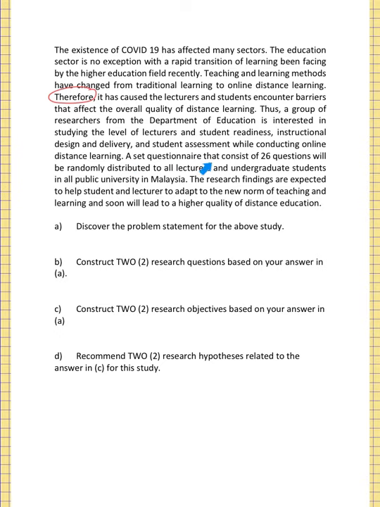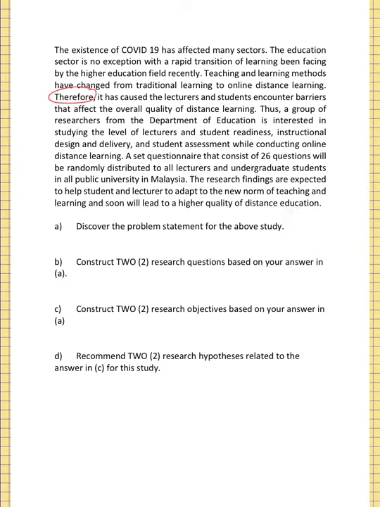A set of questionnaire that consists of 26 questions will be randomly distributed to all lecturers and undergraduate students in all public universities in Malaysia. The research findings are expected to help students and lecturers to adapt to a new norm of teaching and learning, and soon will lead to the higher quality of distance education.